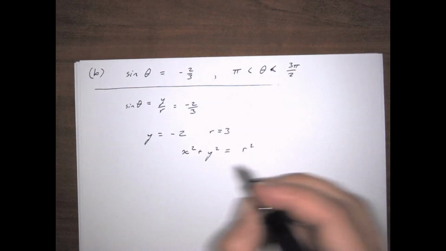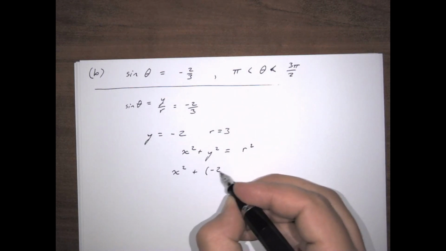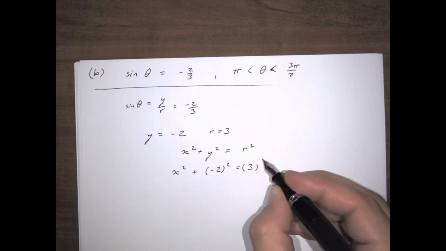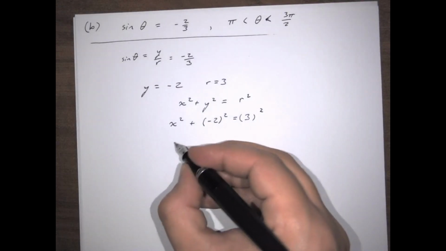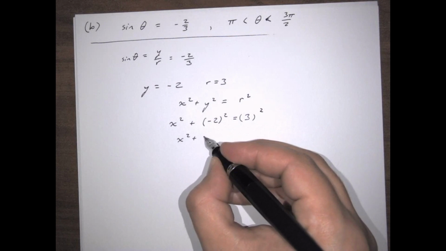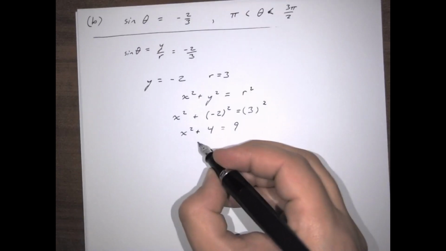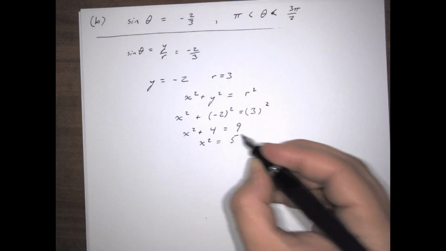What that would mean in this case is that mystery x squared plus negative 2 squared is equal to 3 squared. Now, negative 2 squared, the negative disappears, and what we get is x squared plus 4 equals 9. If I subtract 4 from both sides, I get x squared equals 5.